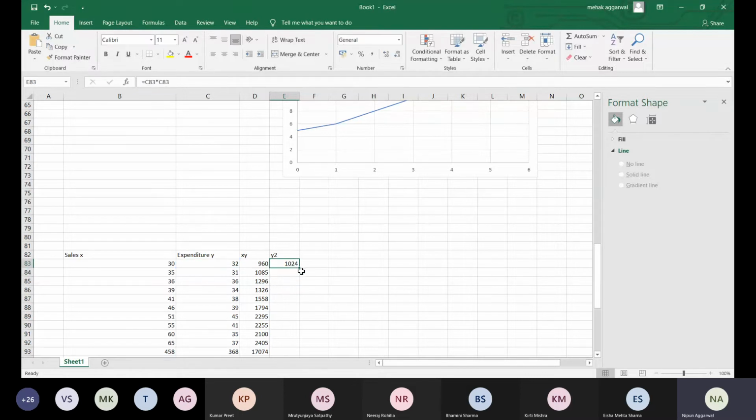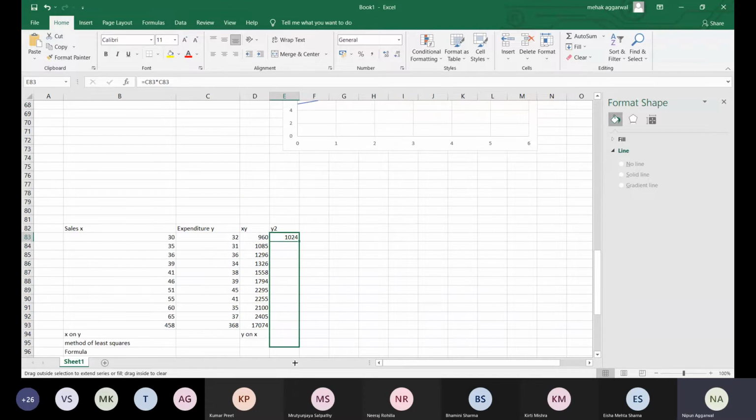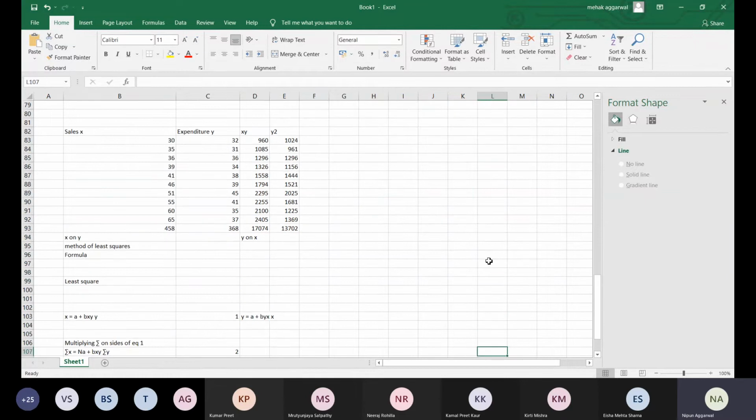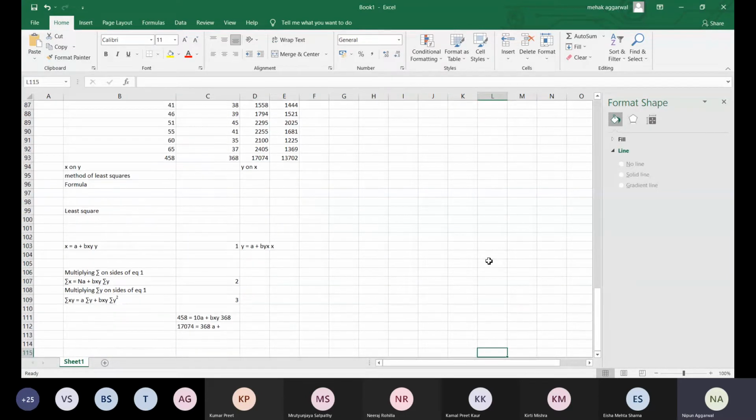So this becomes y square. You have to put the calculation from the data and then solve it. Now the summation of y square comes out to be 13702. So put in the formula: you want summation y square, which is 13702. So the equation becomes 13702 bxy.